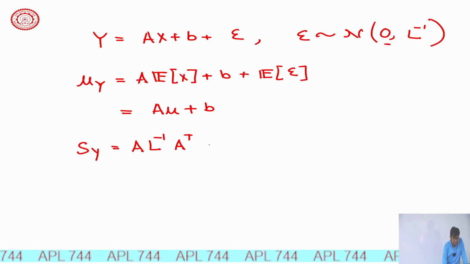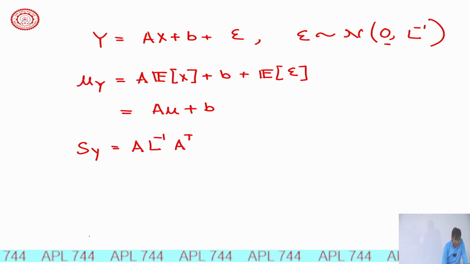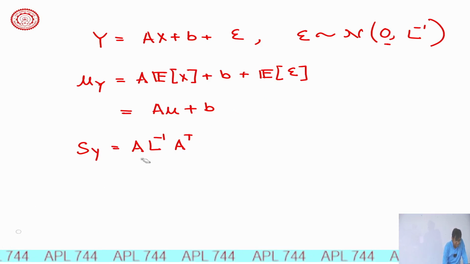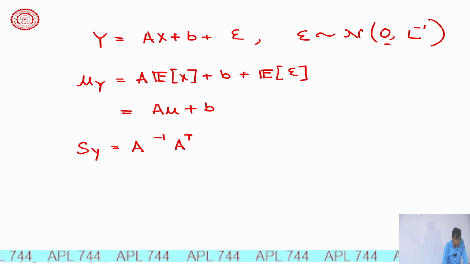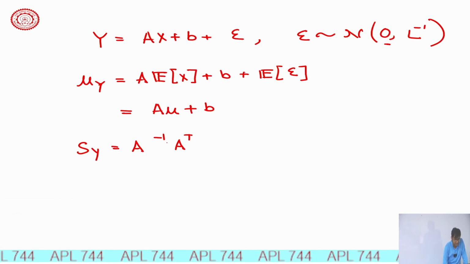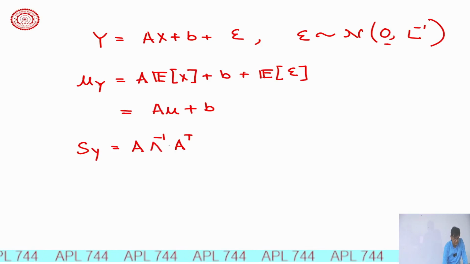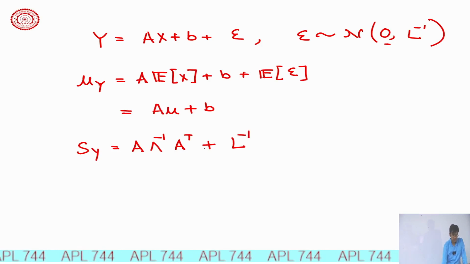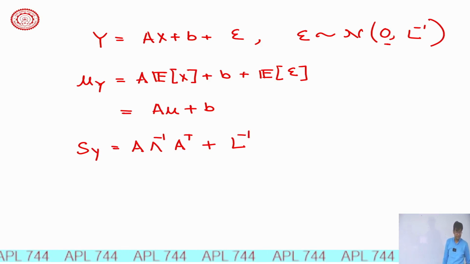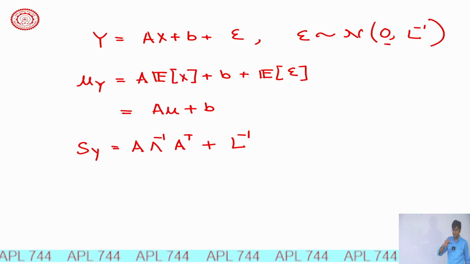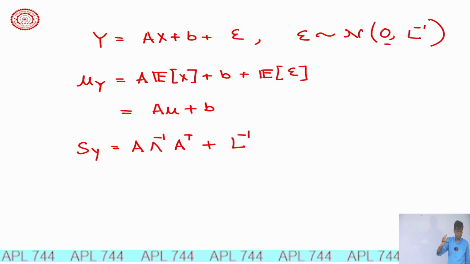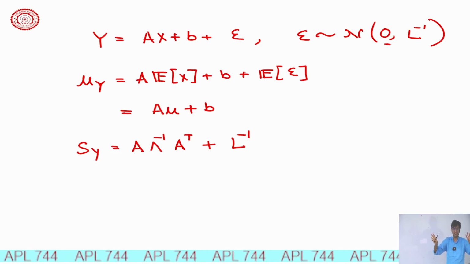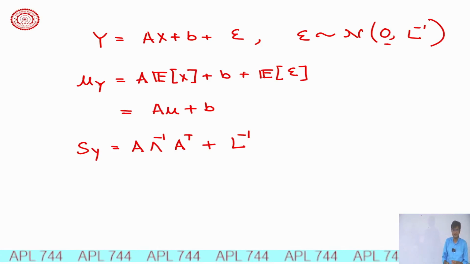That will come out to be, sorry, not L, this should have been lambda, I wrote it wrong. This is the covariance of x, lambda from the last slide, plus L inverse. I am taking the variance, or covariance, but there can be a cross covariance that is 0. So, epsilon and x are independent. So, that term is not there.